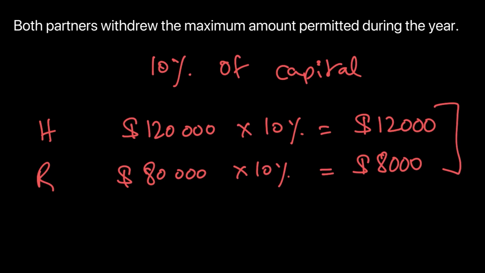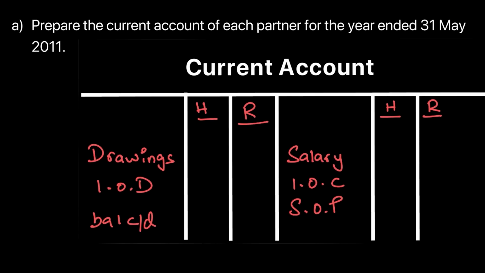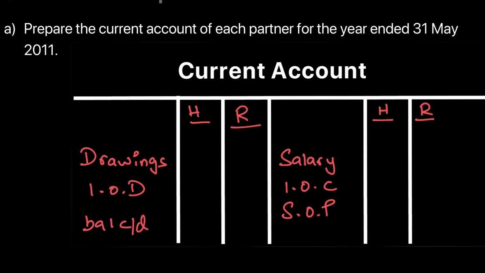Now, what is surprising over here is in the first part of the question. I've also prepared it for you. They're saying prepare the current account. Usually we're supposed to first draw the appropriation account and then draw the current account. But in part A, they're asking us to draw the current account directly. What this means is that we cannot draw the appropriation account first.